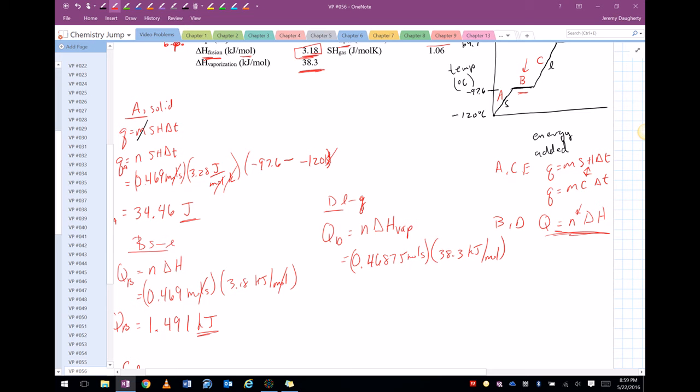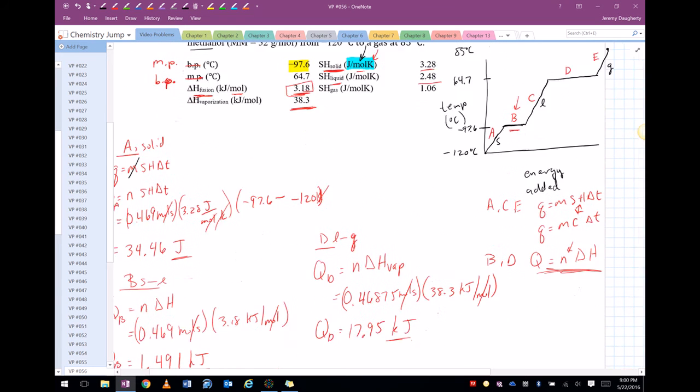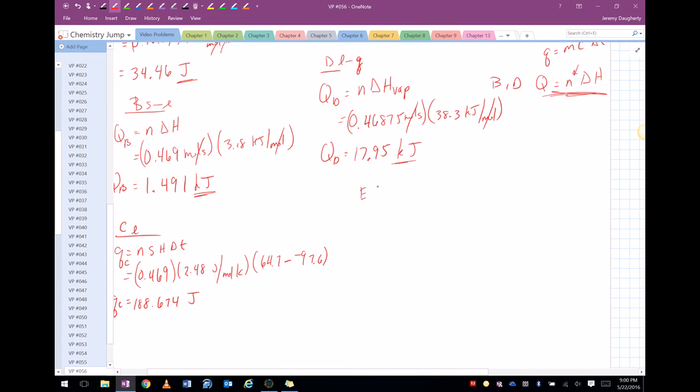All right, so what do we get there? 0.46875 times 38.3, and I get a value of 17.95. So Q sub D is equal to 17.95. Moles cancel out. I end up with units of kilojoules.